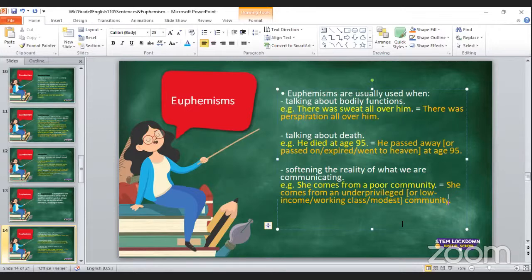Low income means that there is some money, but not much, so at least their basic needs are met. That is a better euphemism. Or we can say she comes from a working class community, or a modest community. So we have used euphemism to soften the harsh reality of what we are communicating.